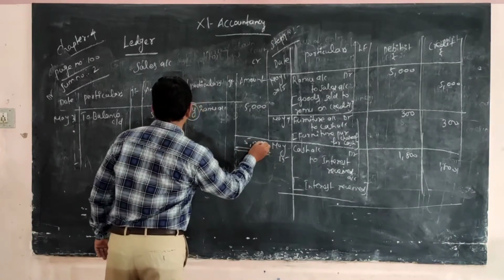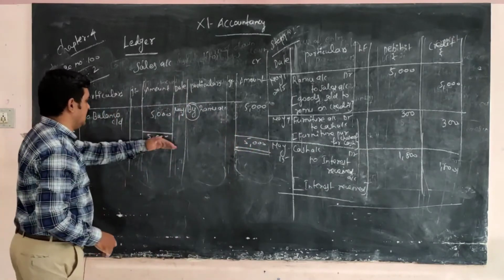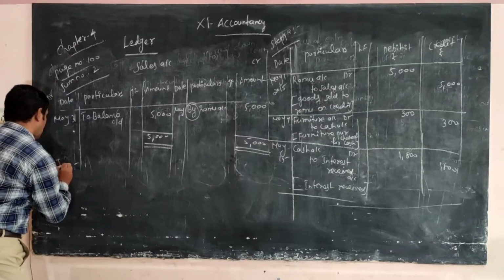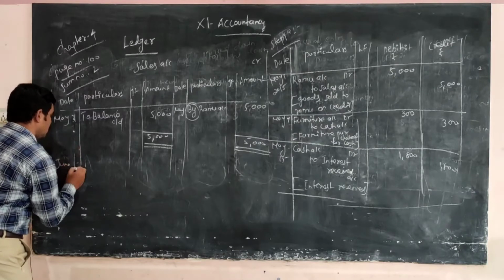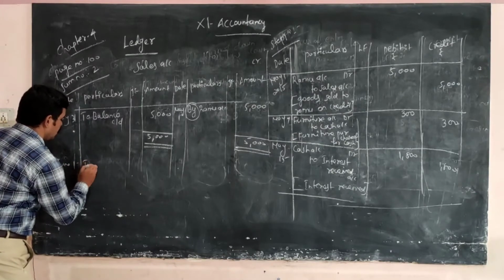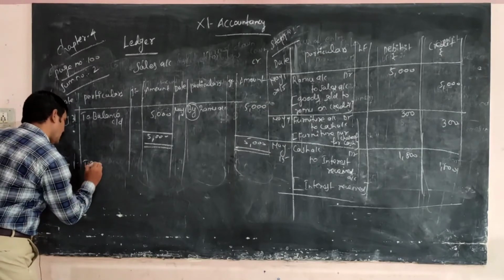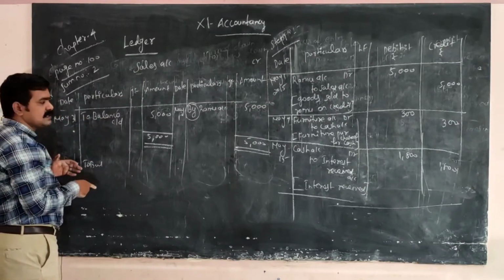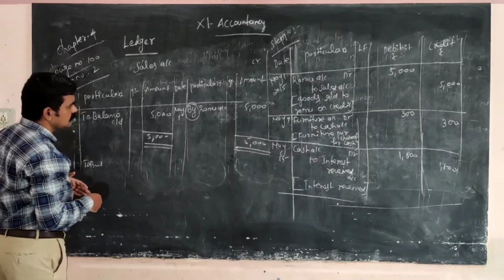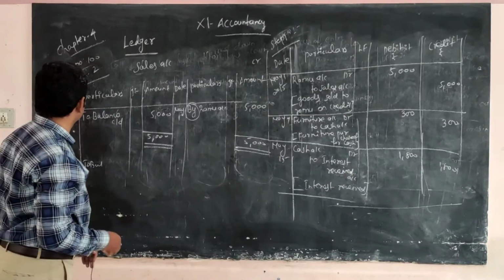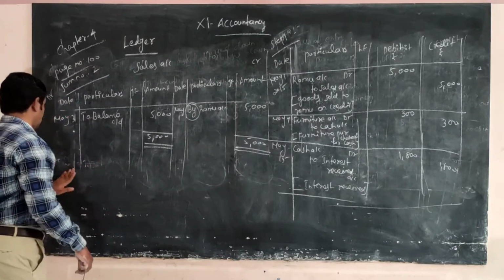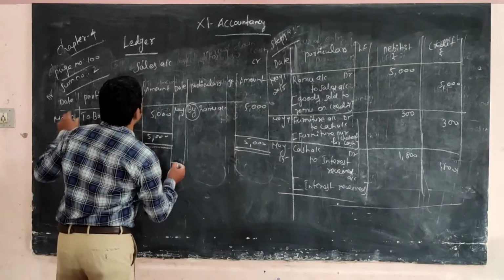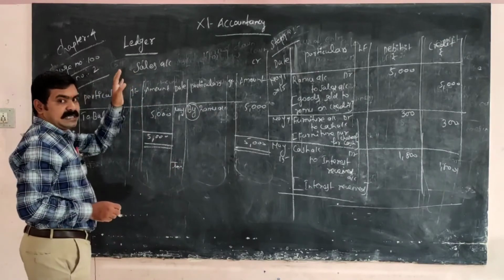Okay, so from here to there, that is called June 1 to balance, because in trial balance sales account comes on the credit side.